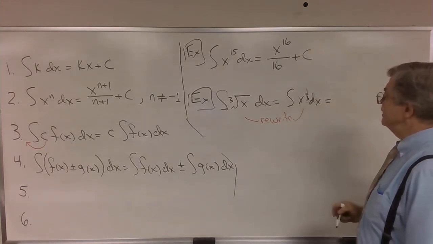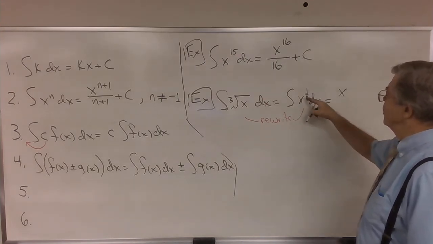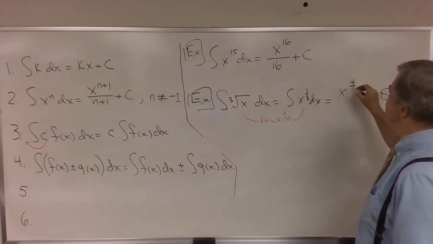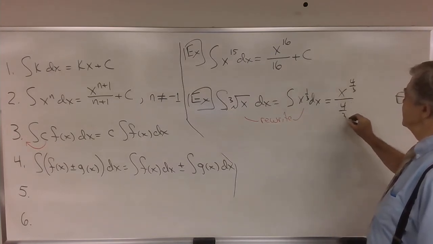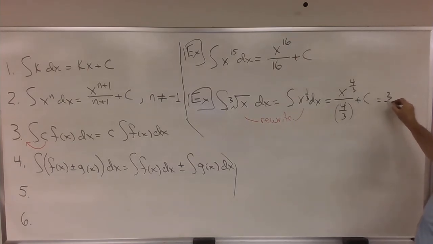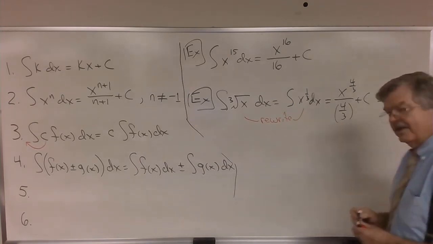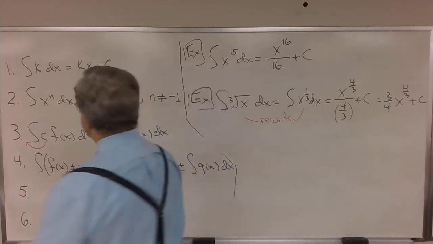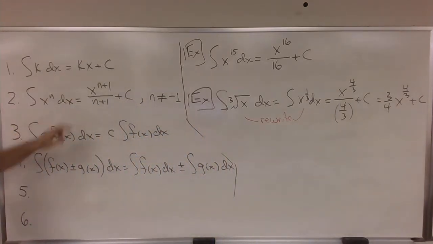We add 1 to the exponent, so let's see. 1/3 plus 3/3 is 4/3. We divide by the new exponent. And that turns out to be 3/4 x to the 4/3 plus c. So I think we got properties 1 and 2 down just fine. I guess we'll throw property number 3 into the mix now.